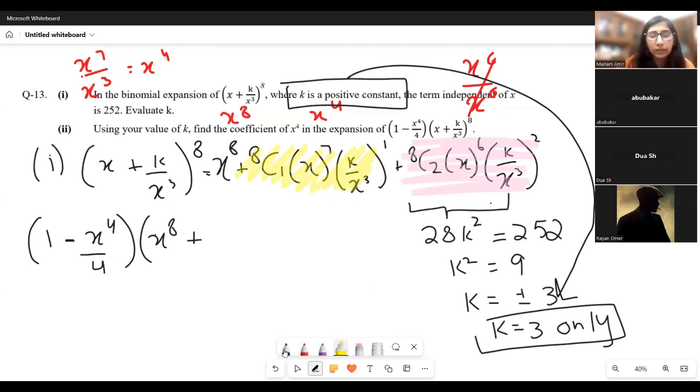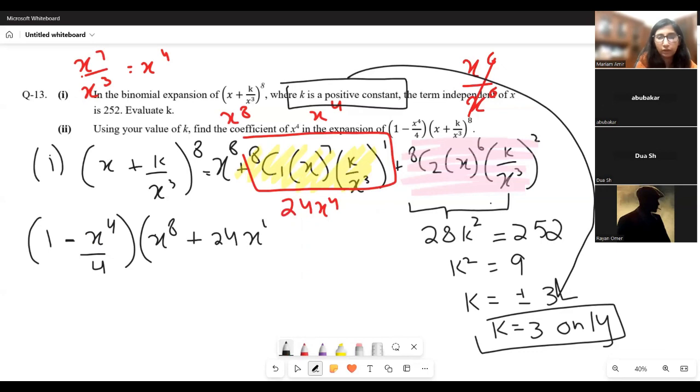So that is going to be 8c1, which is 8, times k power 1. k came out to be 3, so this is actually 24 x power 4. Writing that, 24 x power 4, and the constant was 252. We don't need to find it, we already know the constant term is 252, and there are more values after that but we're not getting there.